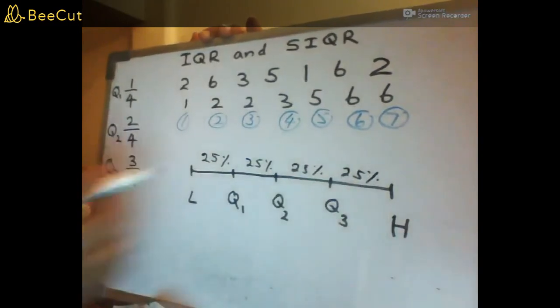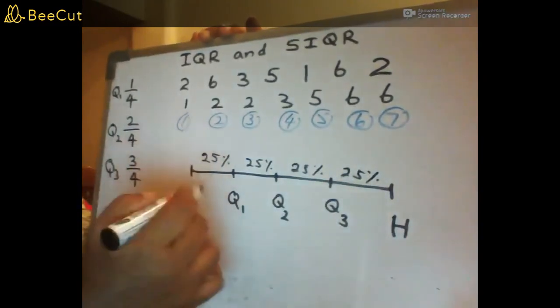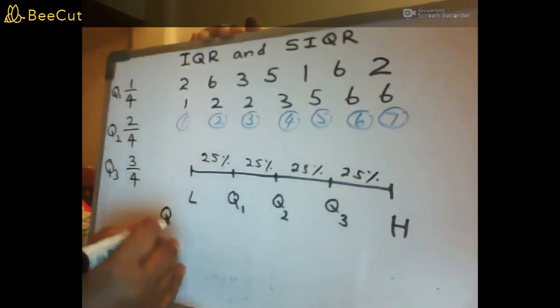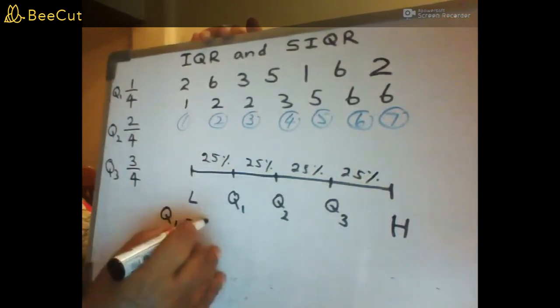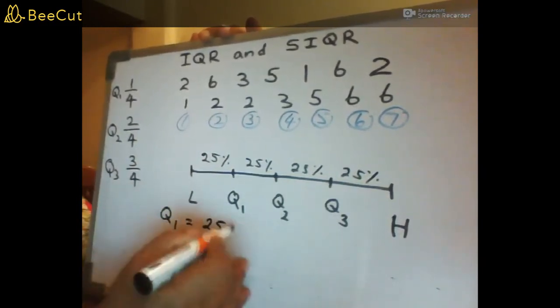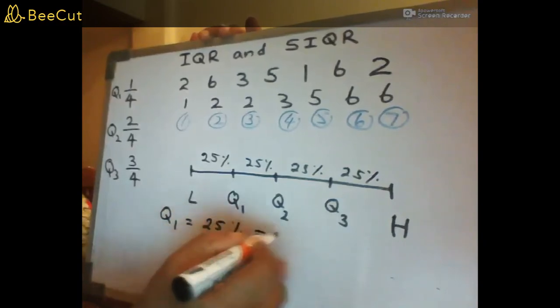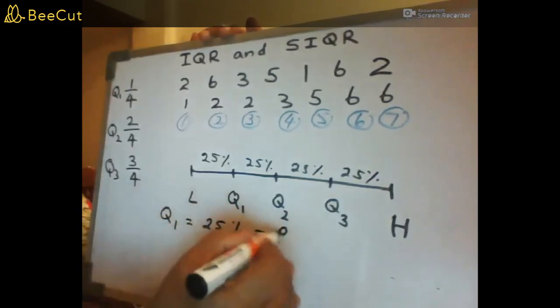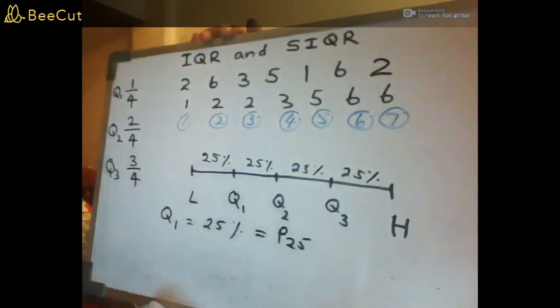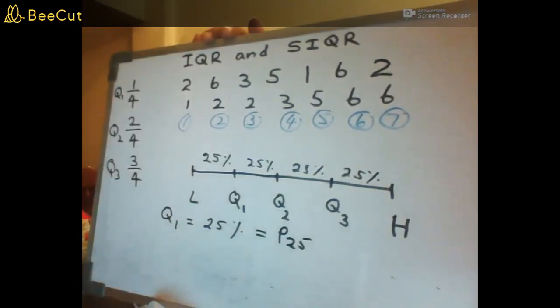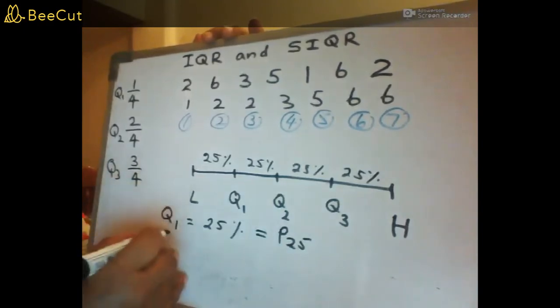Now Q1 means 25%. As a percentage, P25. Remember P values and PR values, percentile ranks. Then Q2.